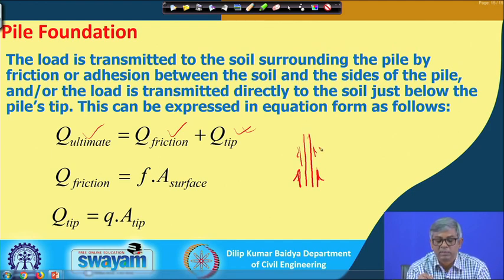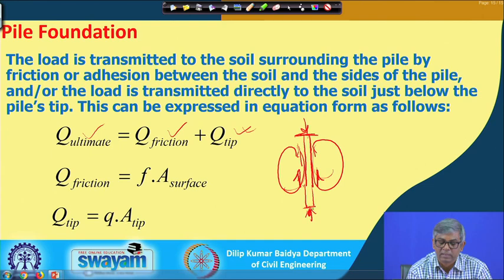Some load will be transferred to the side of the pile, and some load is transmitted directly to the soil just below the pile tip. So if I apply load here, some load will be transmitted by friction and adhesion, and some will be directly transmitted here. This is called Q tip, and this is called Q friction, Q f.